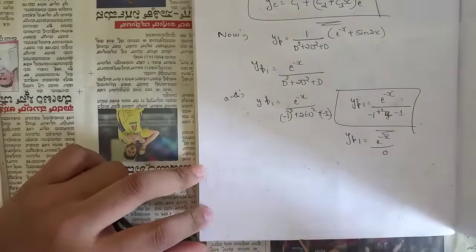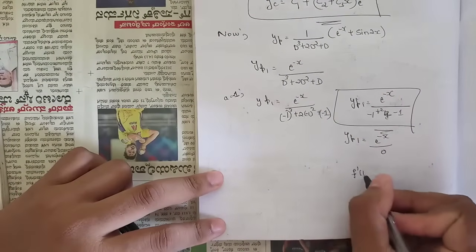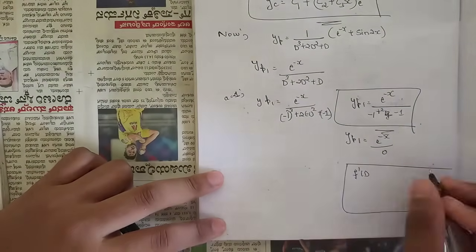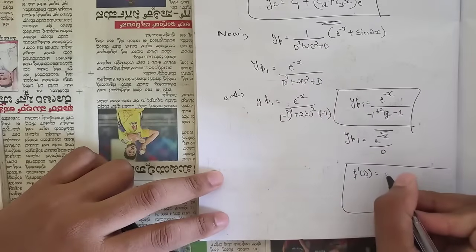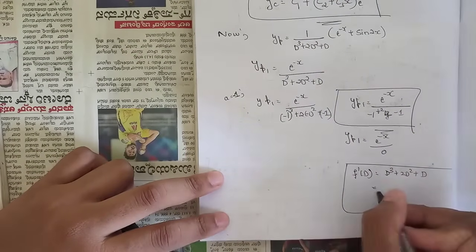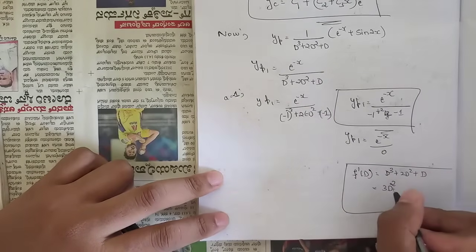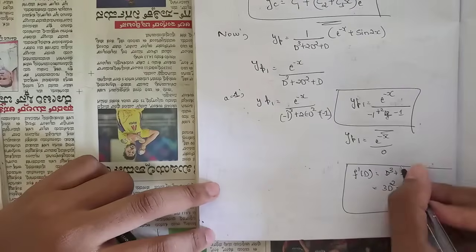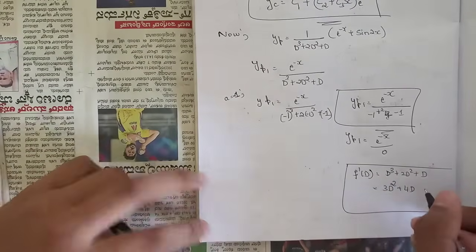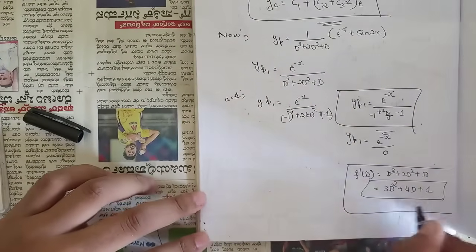Since f of d is 0, we need to find f dash of d. The given f of d is d cube plus 2d square plus d. Its derivative is 3d square plus 4d plus 1.